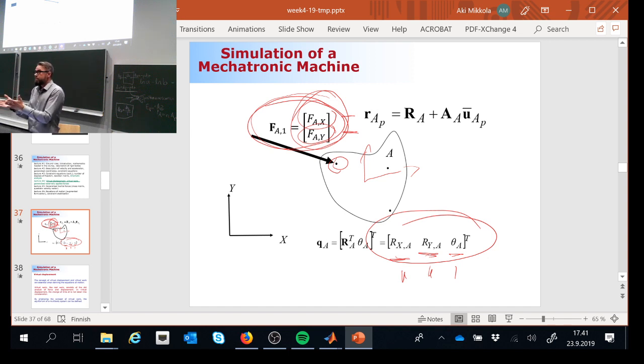Here's the story. I mentioned that I'm using Newton's equation, mass multiplied by acceleration, so this is supposed to be r double dot. It's going to be very hard to use this equation to solve for the unknowns, which are hidden inside the forces, and the unknowns are a vector of generalized coordinates.